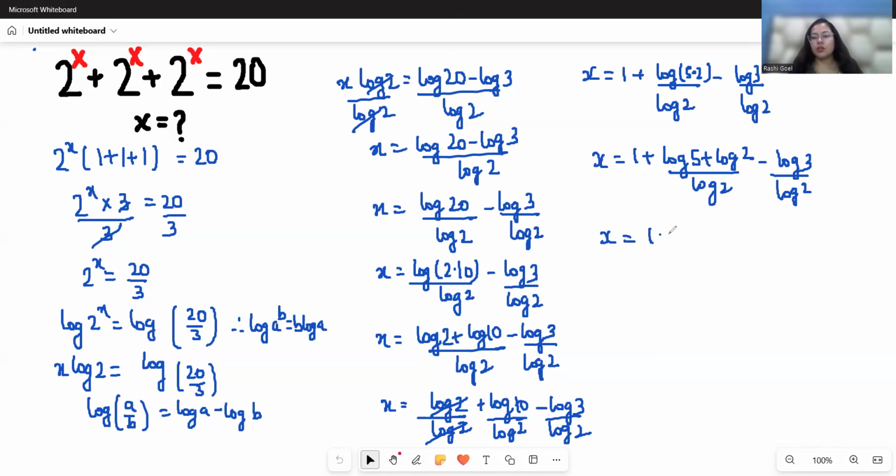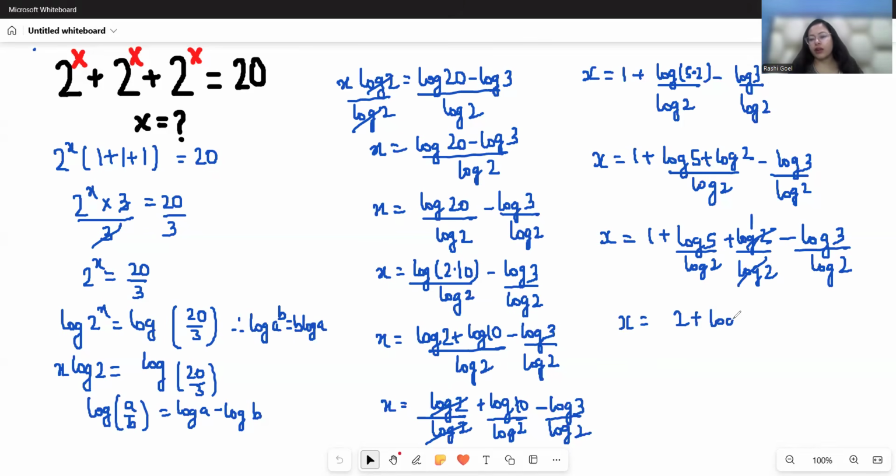So x equals 1 plus log 5 by log 2 plus log 2 by log 2 minus log 3 by log 2. So this will cancel out again, and it gives 1. Now 1 plus 1 is 2, and this we can write as log 5 with base 2 minus log 3 with base 2.